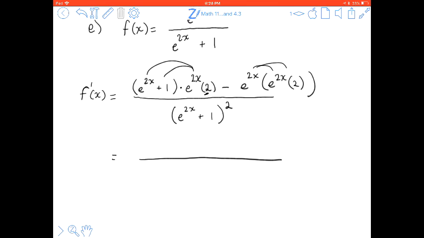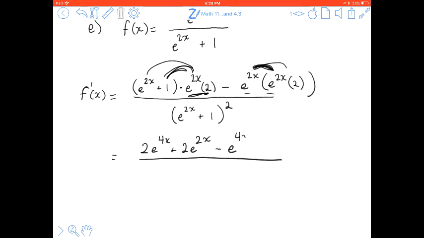Well, when you're multiplying terms that have the same base, you add the exponents. So that's 2e to the 4x. And then when this term multiplies there by the 1, it's 2e to the 2x, minus, now we're multiplying here, and again, since we have the same base, we're going to add the exponents.